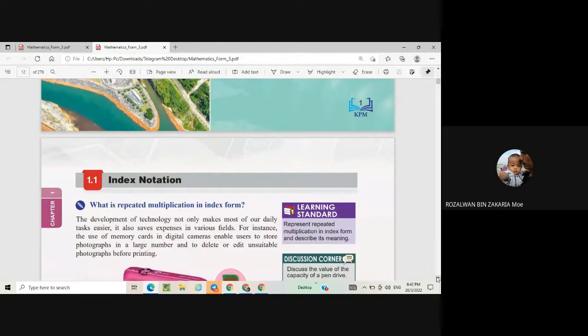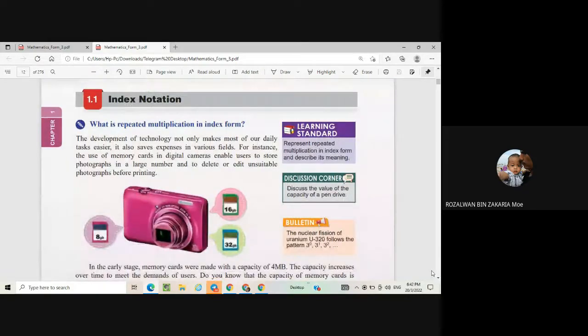What is repeated multiplication in index form? The development of technology not only makes most of our daily tasks easier, it also saves expenses in various fields. For instance, memory cards in digital cameras or smartphones are used to store photographs in large numbers, and to delete or edit unsuitable photographs before printing.